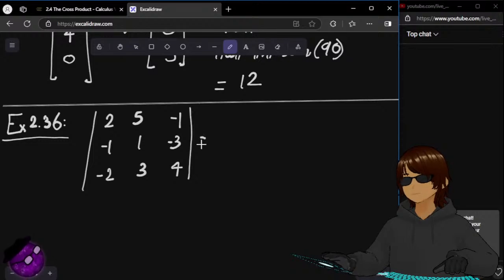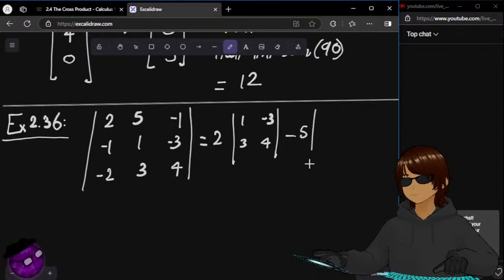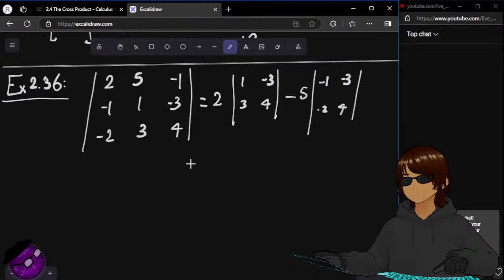Okay, so this is equal to 2 times this box over here, minus 5 times the box formed by these, and then plus minus 1 times the box formed by these.